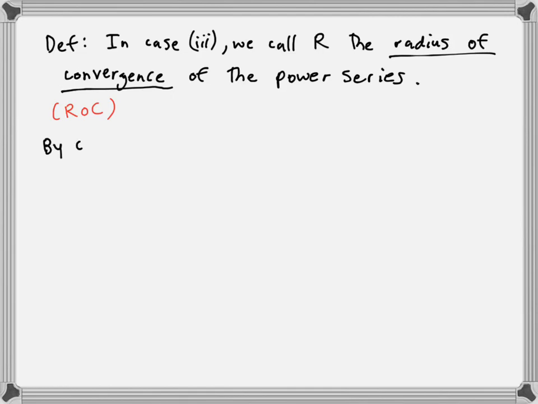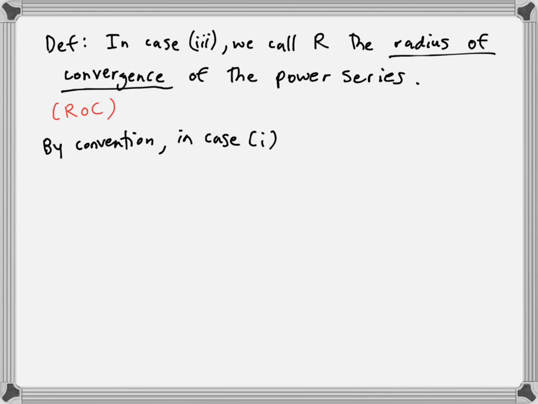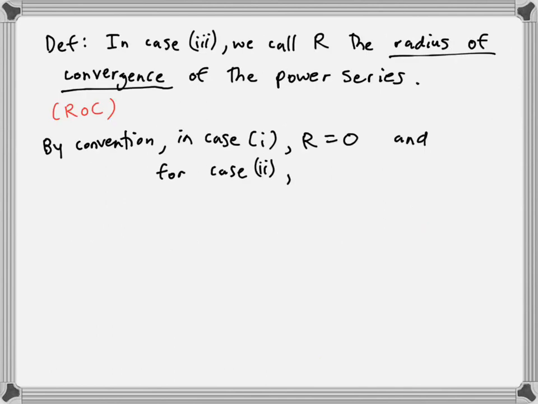By convention, in case 1, so let's go back to case 1. Case 1 is where it only converges at A, right? So we could think of its radius of convergence as being 0. So in case 1, r equals 0. And for case 2, since it converges everywhere, we can think of our radius as being infinity.